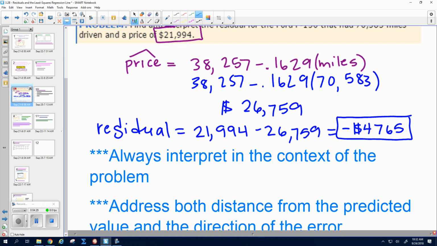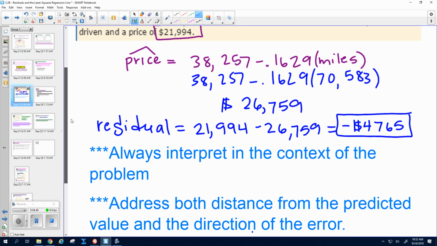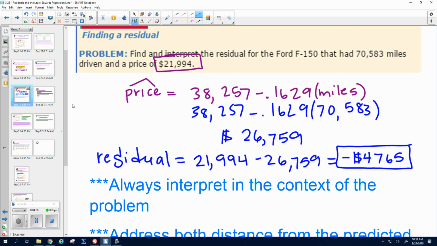And you might want to write down how we interpret this residual. So you have to address the distance, which is 4,765, and the direction of the error. So the actual price of the truck, was it lower than expected or higher than expected? Lower, okay?